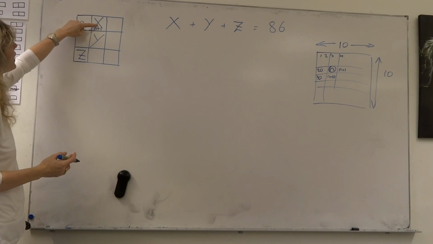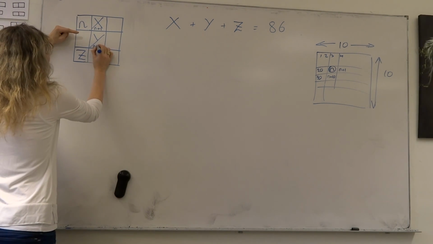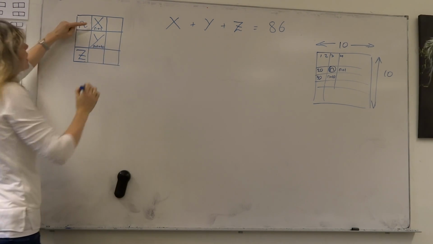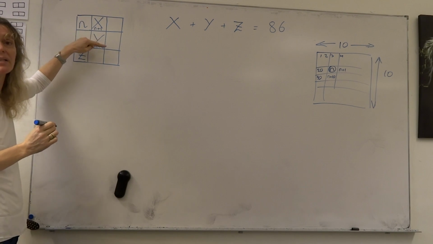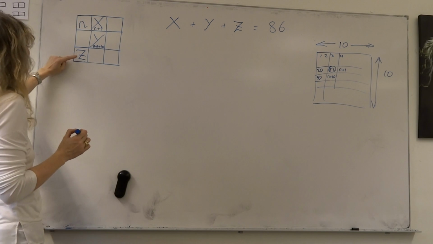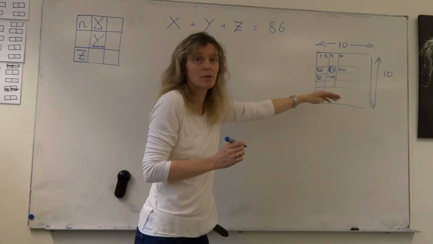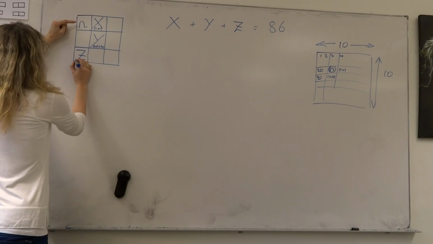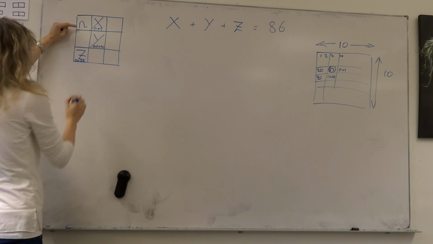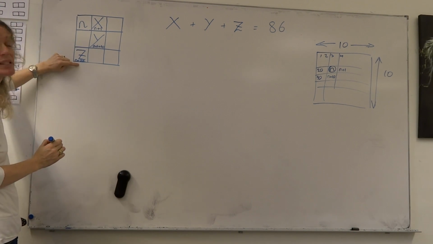What do we know about the number that's just underneath n plus 1? Well, it must be n plus 1 plus 10, because the number underneath is always 10 more than the number above. What do we know about this one? Well, this one is 2 steps down the grid. If it was here, it would be n plus 10, but it's 2 steps underneath, so it's n plus 20.